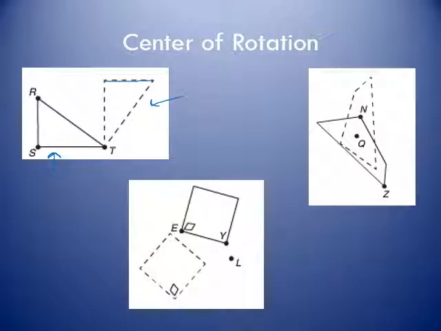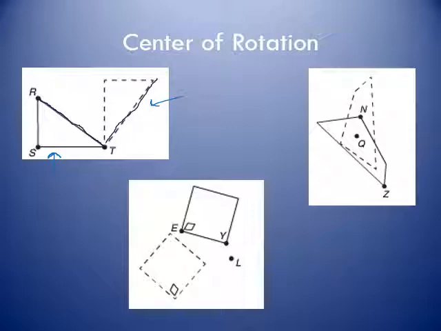The dotted line up there, that's the rotated to. If you were to measure the distance from each point, and this one's obvious, we rotated around T. The distance from the points should be the same. So if I measure R to T, that should be the same as R prime to T.